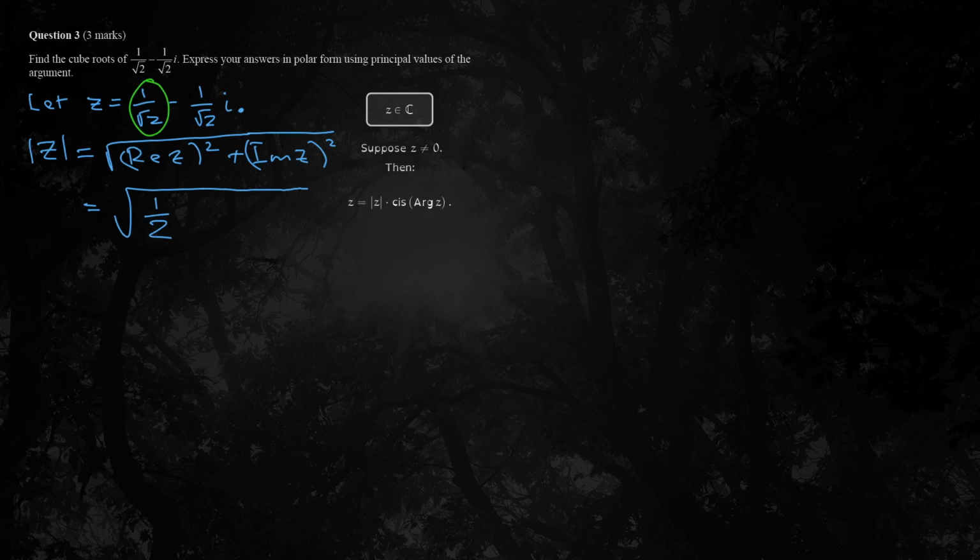The imaginary part is negative 1 over root 2, so once again, squaring that, we get positive a half. And so this obviously equals 1. That tells us that this modulus is 1. Because we're multiplying by 1 here, we can just ignore this part of the expression. And so we conclude that z equals cis of arg z.